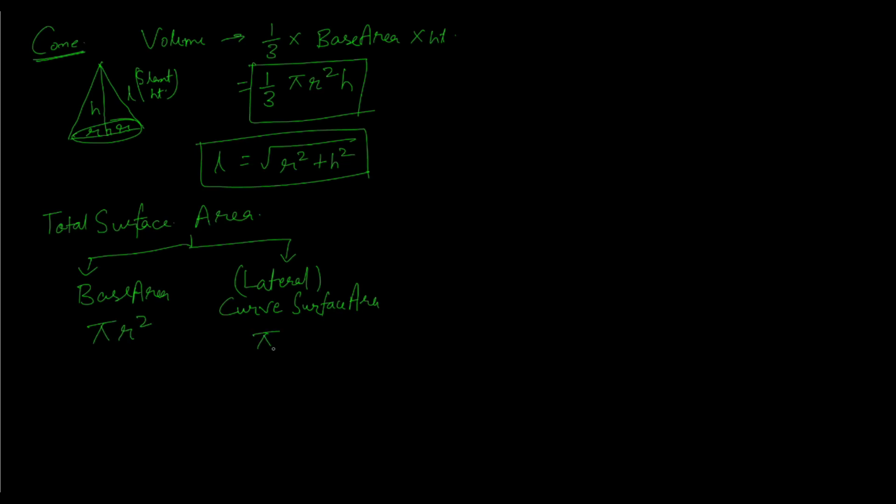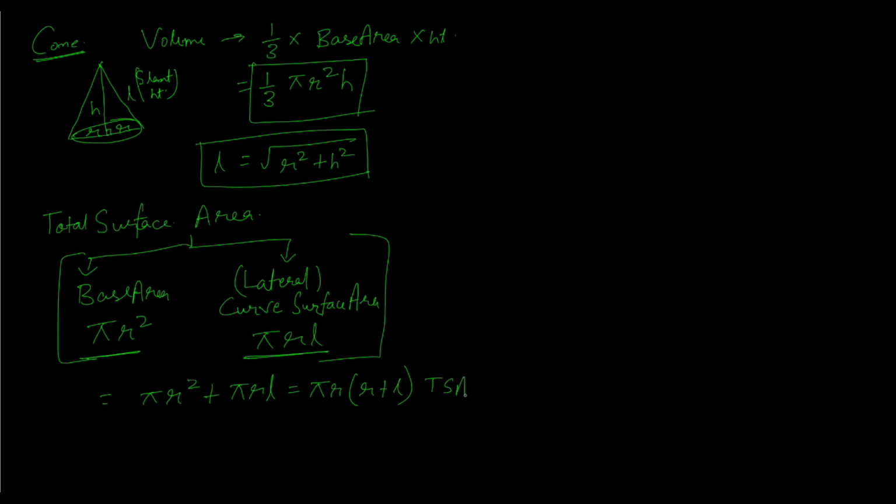And curved surface area is actually calculated with the help of integration, but you just remember it is pi r L. So the total surface area will be equal to pi r square plus pi r L, or pi r into r plus L. And this is the total surface area of cone. So we have volume, total surface area, lateral surface area, and the relation of slant height with radius and height. Fine.